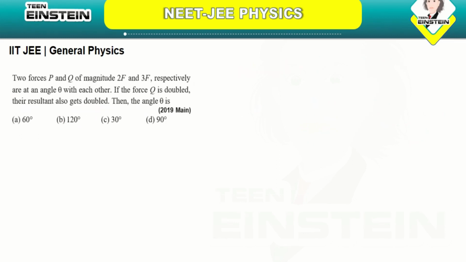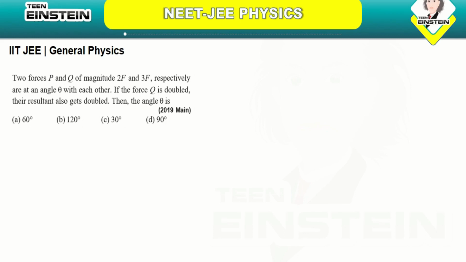Two forces P and Q of magnitude 2F and 3F respectively are at an angle theta with each other. If the force Q is doubled, the resultant also gets doubled. Then the angle theta is.